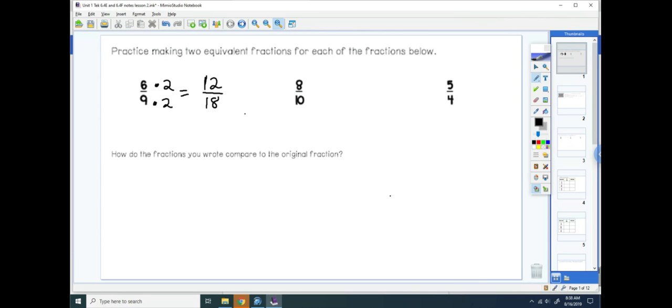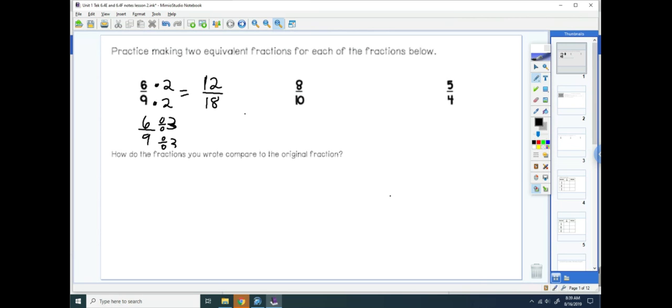Okay? Another thing I can do is I can take 6 over 9, and I know the factors for 6 are 2 and 3, because 2 times 3 is 6. And I know the factors for 9 are 3 times 3. So they're both divisible, which means you can divide both these numbers by 3.